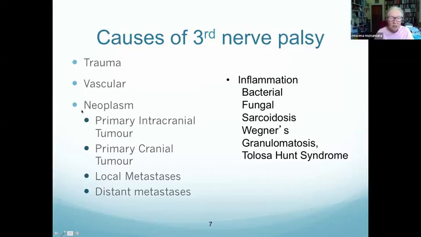It could be due to certain types of tumour, things in the midbrain, and it can also be tumours in other parts of the body, so that they then travel around the body and it affects the eye as well. So it could be secondary to lung cancer, for example. You can also have problems of inflammation. So you could have inflammation due to bacterial problems, sarcoidosis, and we have certain syndromes where there's inflammation of more than one nerve and more than one nucleus.